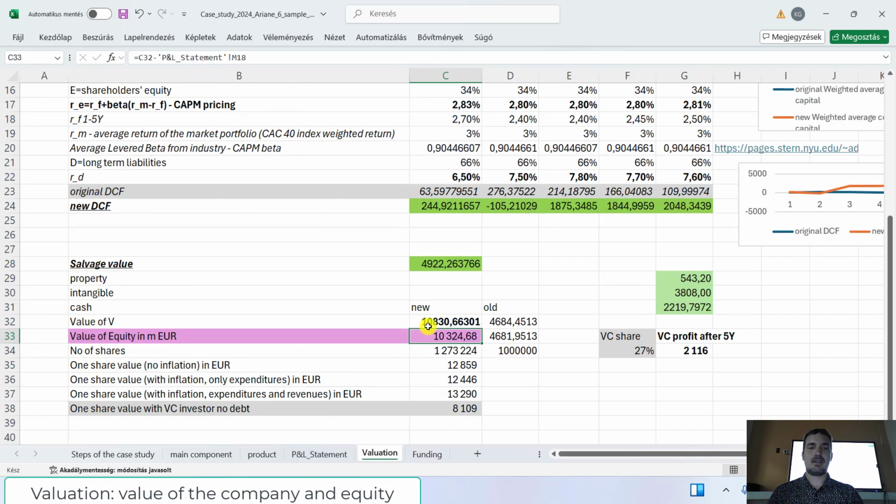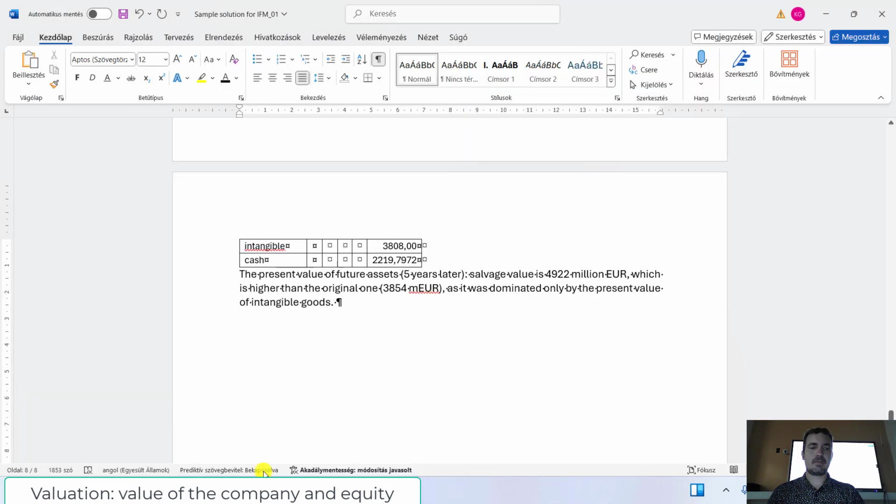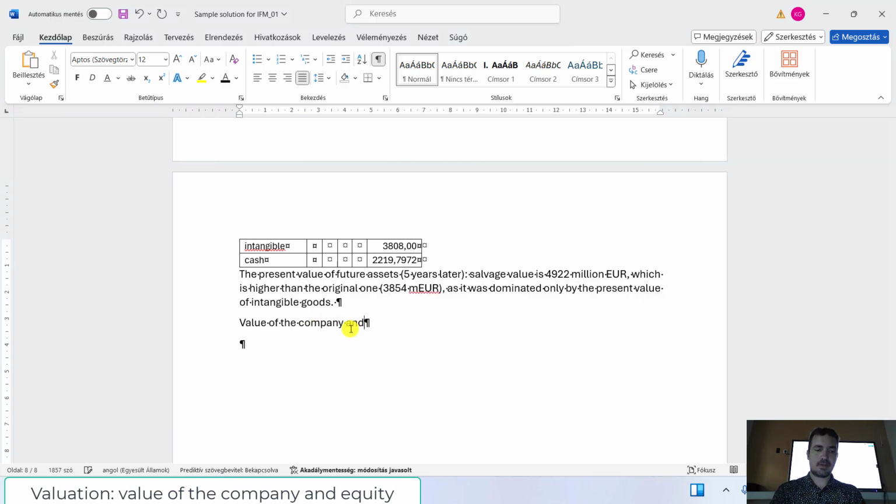Yes. Let's copy it this way, so we will have a table. No, not the value of the company, the value of the shares. Company and the shares.